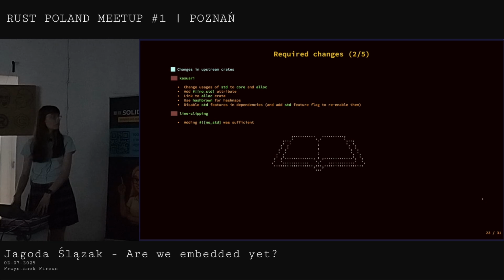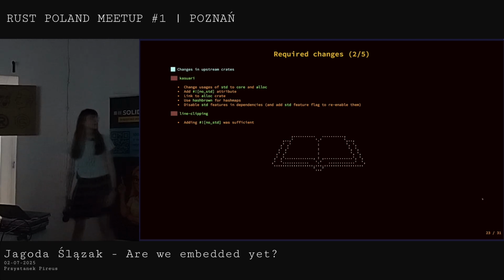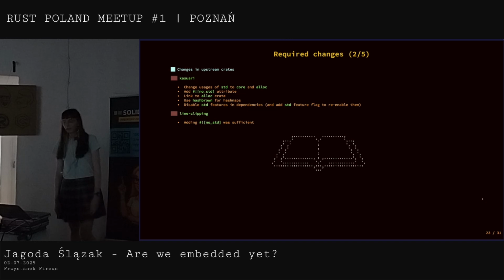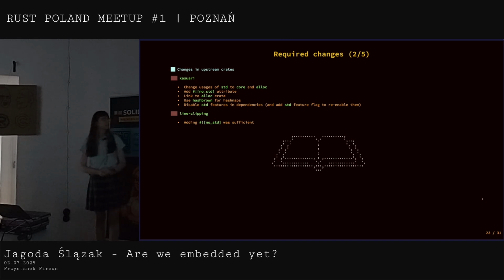Now, we had to make changes to the upstream crate, cassowary, which we forked, which is our fork. The changes were pretty straightforward there. It's just std to core and alloc, the no_std attribute, linking the alloc crate, hashbrown, and disabling std.